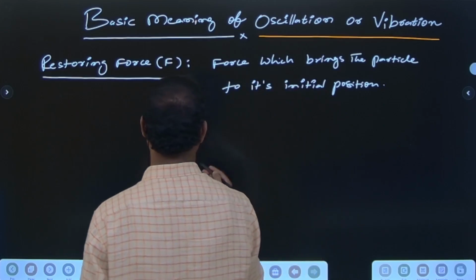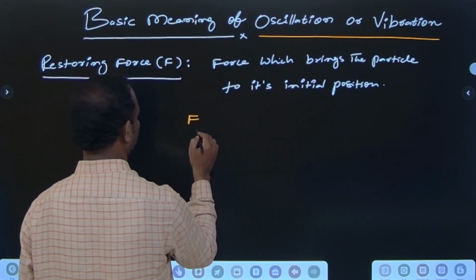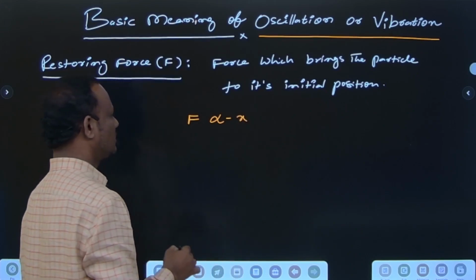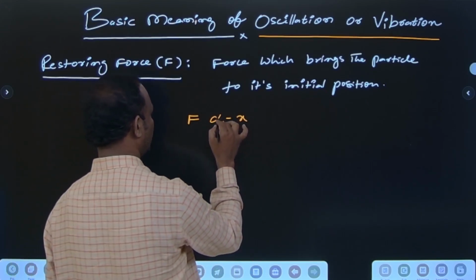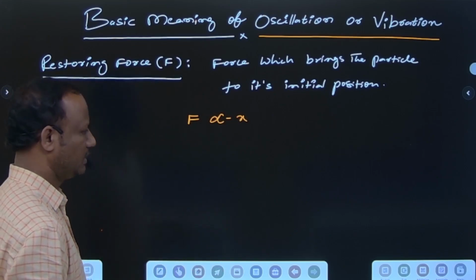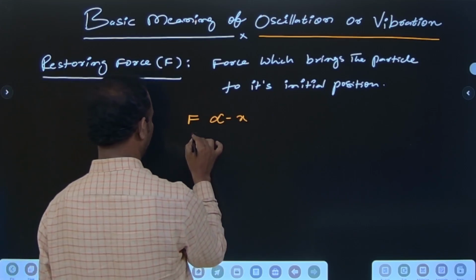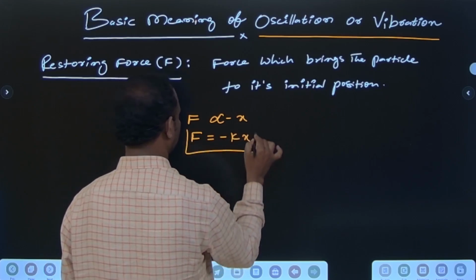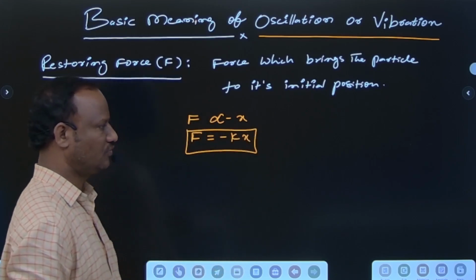So I can say F is proportional to minus x. It means the restoring force is in the opposite direction to its displacement. F is equal to minus k into x is the restoring force.